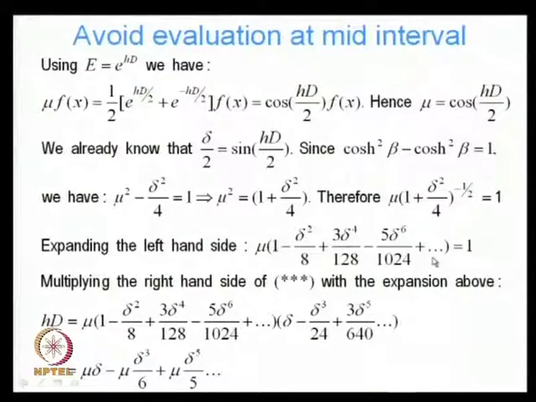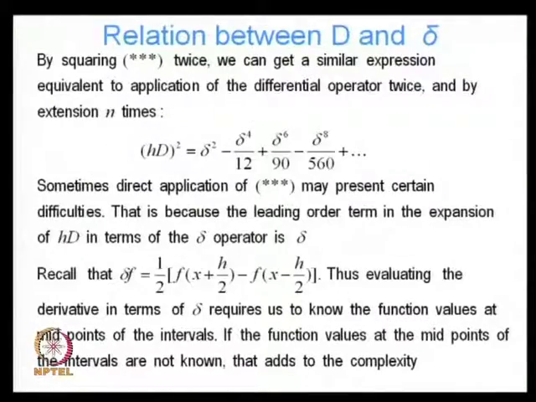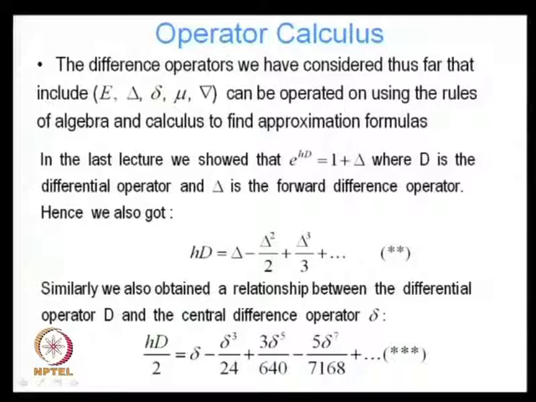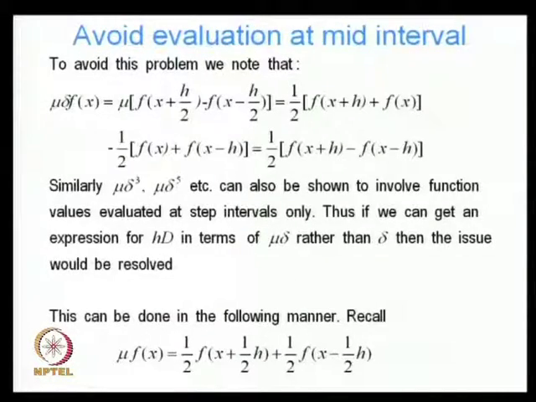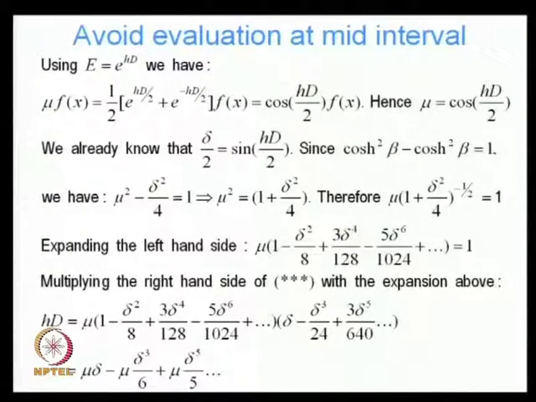So, now let me go back to my expansion right here, which was this. Now I am going to multiply this right hand side with 1. So, I will get the same thing, right. If I multiply this by 1, that is equivalent to multiplying it by this whole thing, because this whole thing is equal to 1.